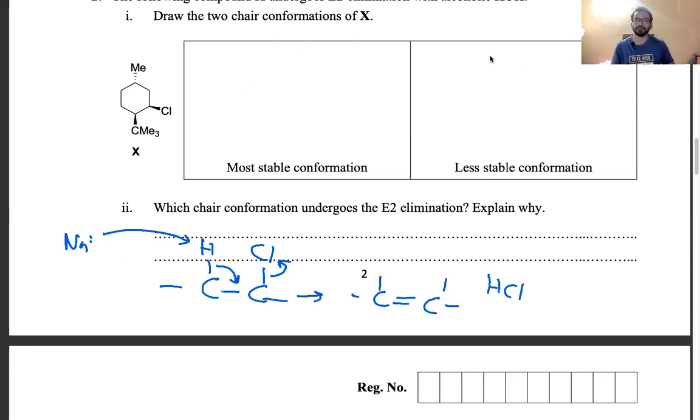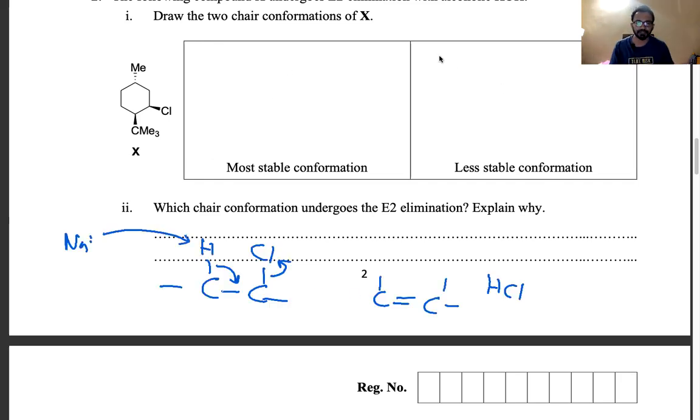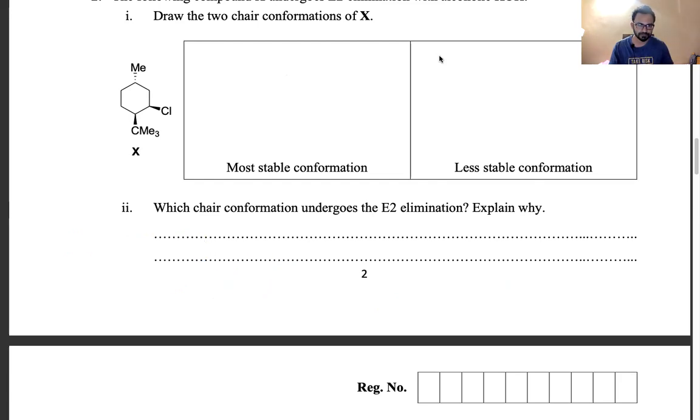HCl will be removed. Okay, but in this case, with the cyclohexane structure, we need the most anti-periplanar structure. Anti-periplanar means, just imagine the structure is like this.